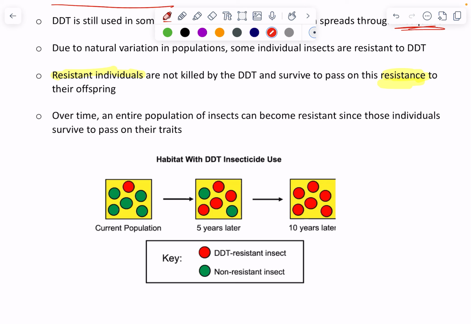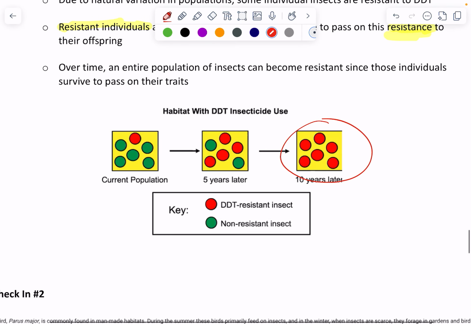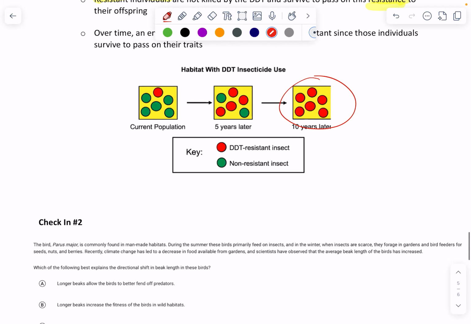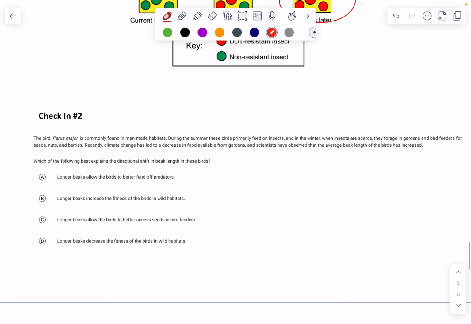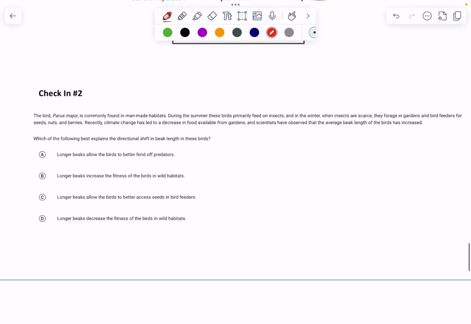Because the selective pressure is so high for either of those examples, it doesn't take long for insects or bacteria to form these resistant populations that humans would now have a very tough time dealing with. Okay. And that's the basic idea of this topic: selective pressure can very quickly change the phenotypes of a population if it's a high selective pressure. Okay, so there's another example problem. Give that a shot. Let me know if you have questions, and I hope that was helpful.